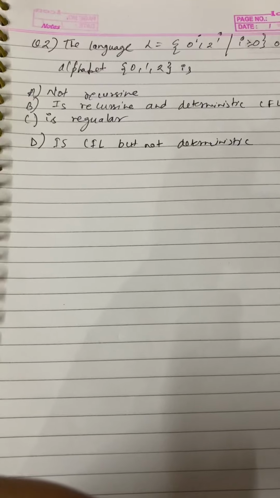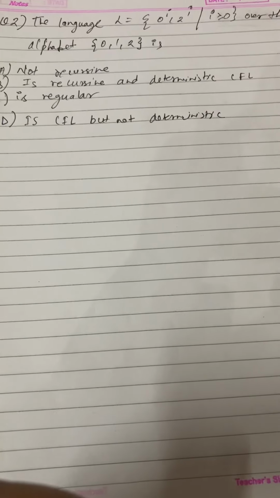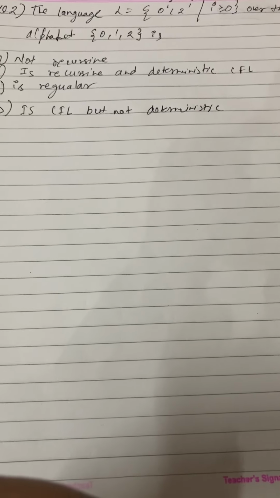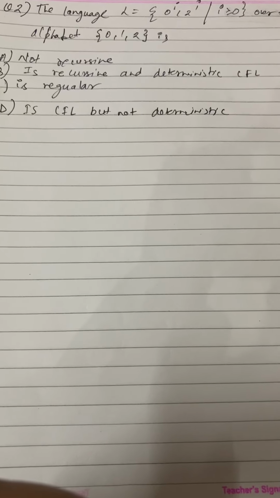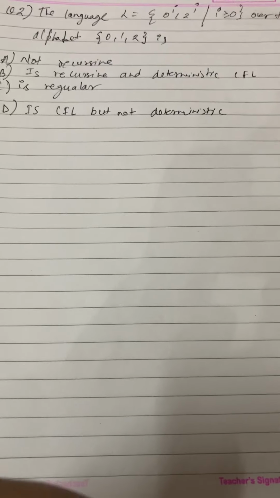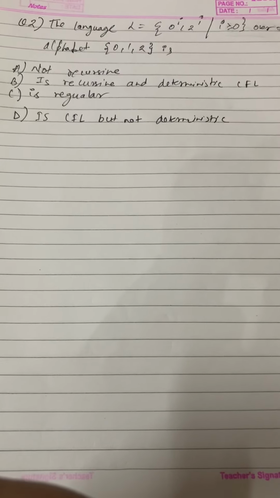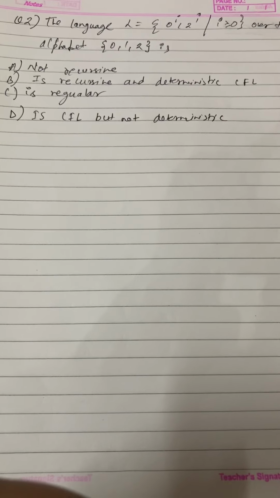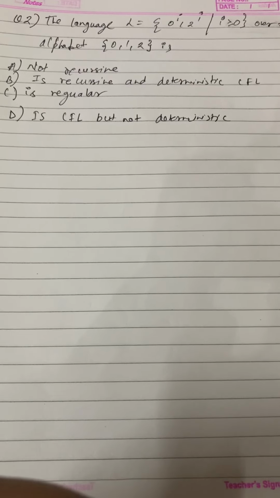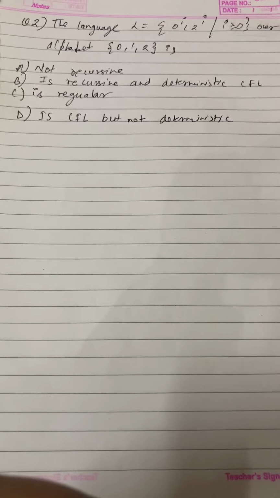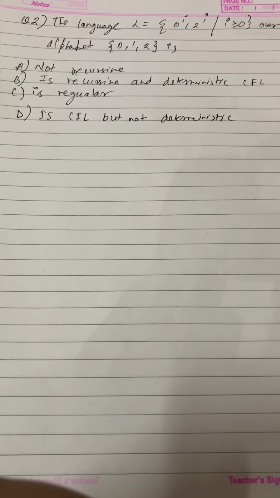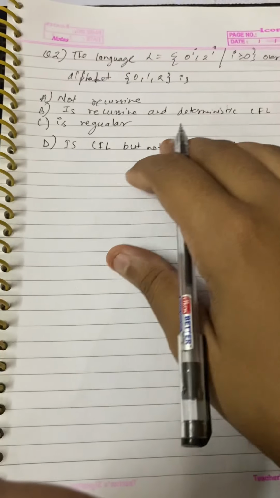The above language is a deterministic CFL, as for the zeros we can push 0 on the stack and for the 2's we can pop the corresponding 0's. As there is no ambiguity about which move to take, it is deterministic. So option B is correct, as CFL is a subset of recursive. It is recursive as well.